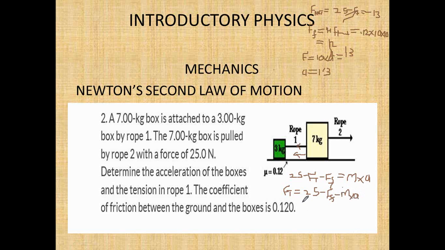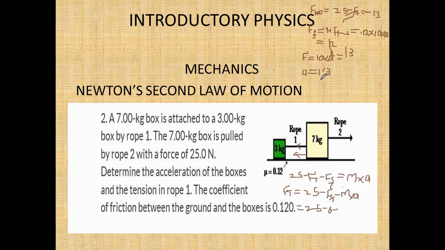Okay, so we say that the frictional force is 0.12 times 70, which gives you 8.4. So that's 25 minus 8.4, and then you subtract the mass of the box times the acceleration.